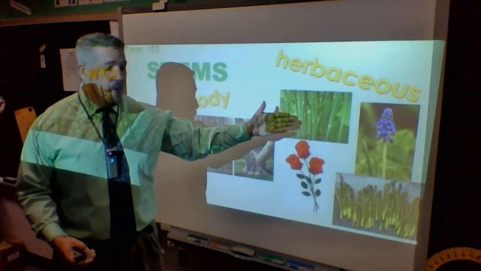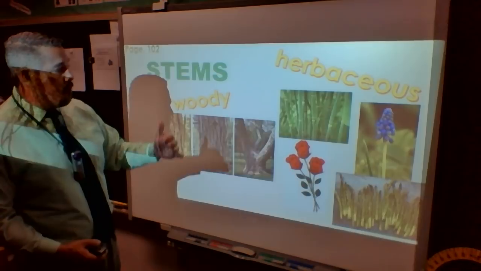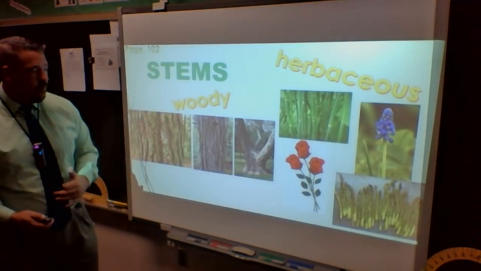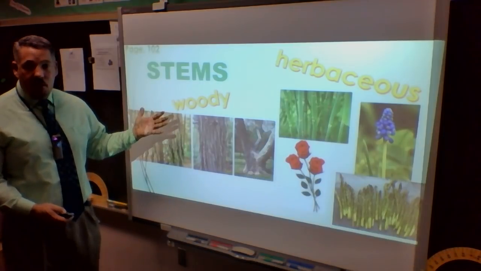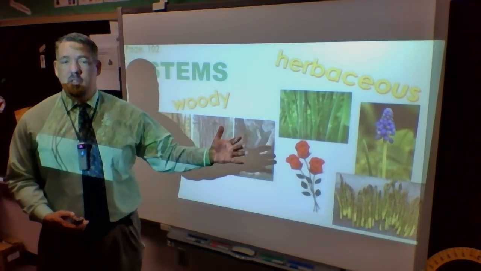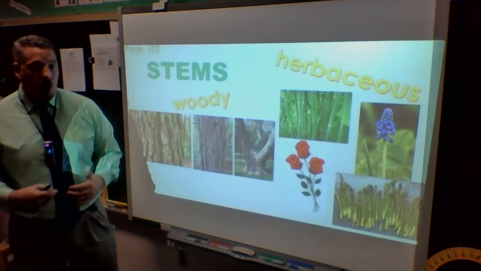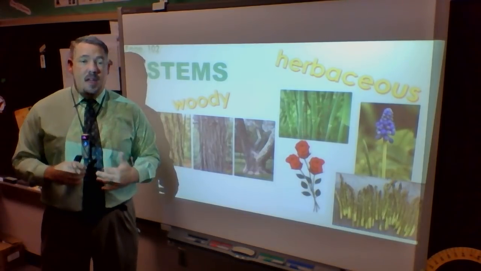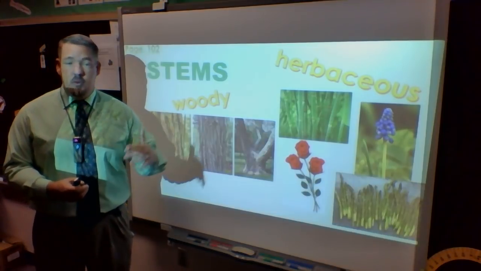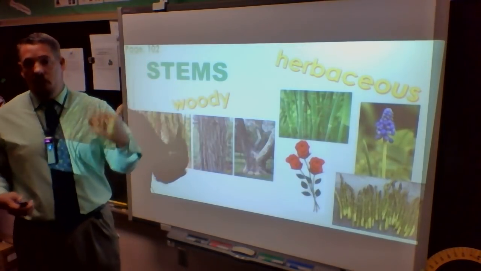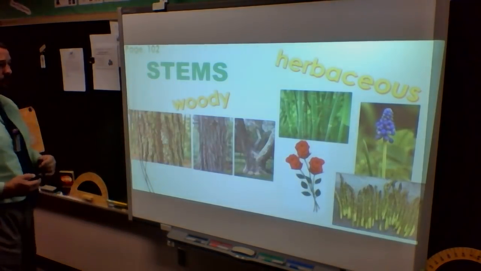Now they could be hard, like different types of blade grass and reed grasses, but there's not a thick layer of wood to them. So we have woody stems, we have herbaceous stems, and the stems are right above the root systems, and they carry the water and the nutrients throughout the plant up to the leaves where the photosynthesis is taking place.